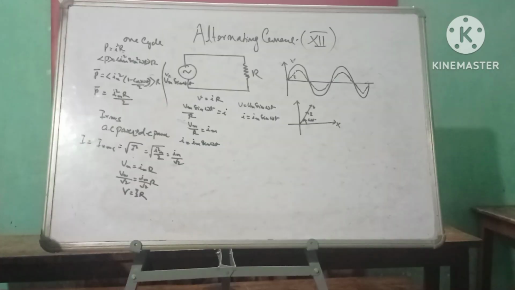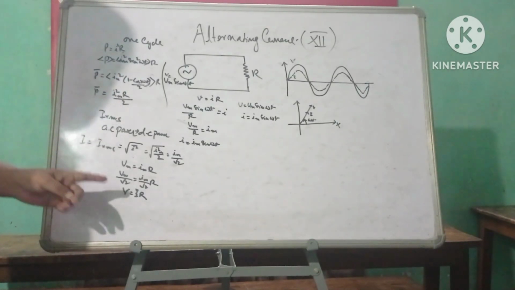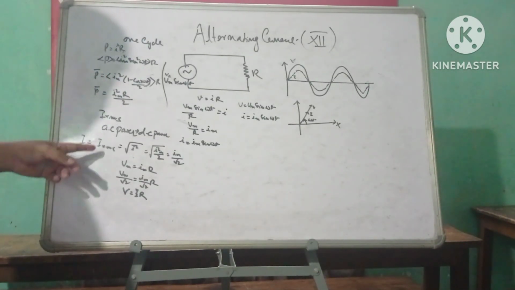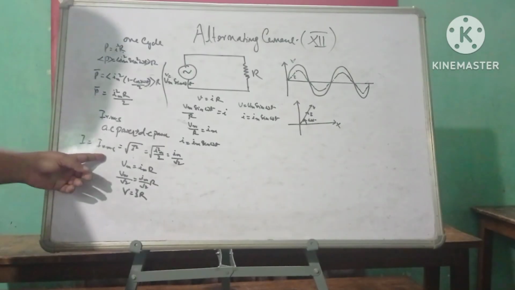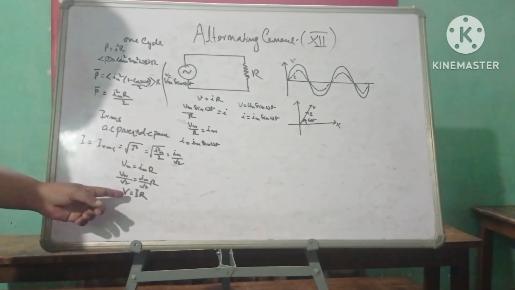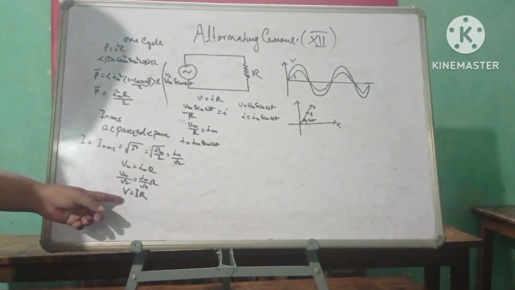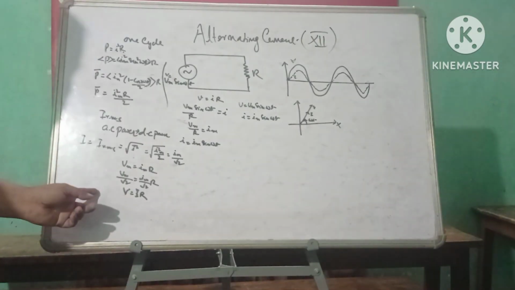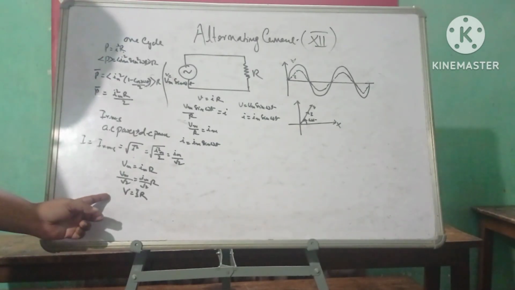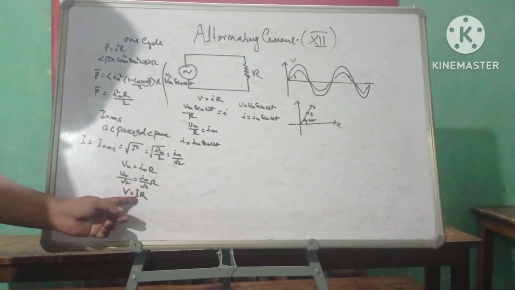So this is VRMS and IRMS, the equivalent DC current. This is the equivalent DC voltage.